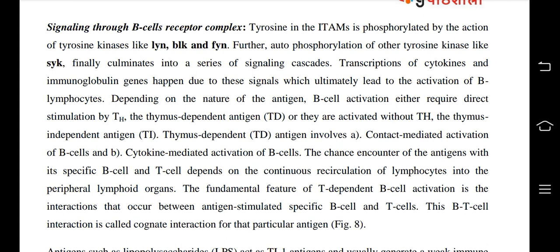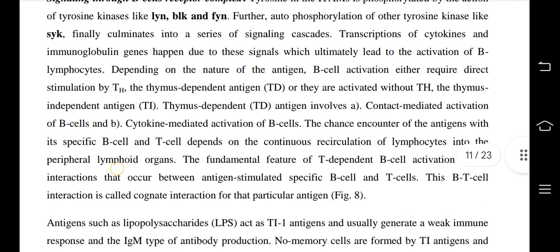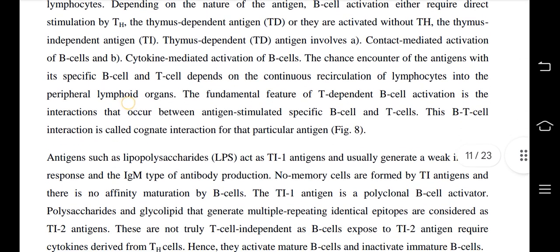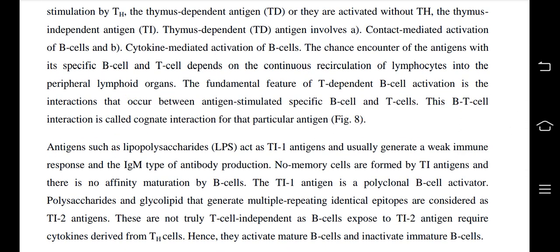Depending on the nature of the antigen, B cell activation either requires direct stimulation by TH, the thymus-dependent antigen, or they are activated without TH, the thymus-independent antigen. Thymus-dependent antigens involve contact-mediated activation of B cells and cytokine-mediated activation of B cells.